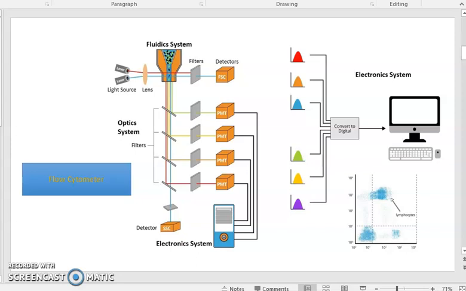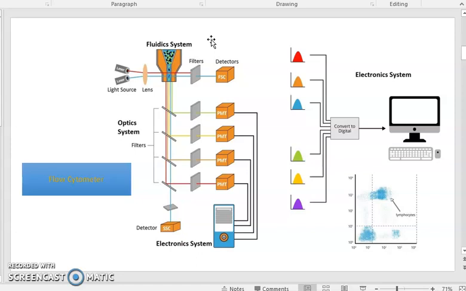The flow cytometry instrument consists of three core systems, which include the fluidic system, the optic system, and the electronic system. First one is the fluidic system. It includes a flow cell where the sample fluid is injected.